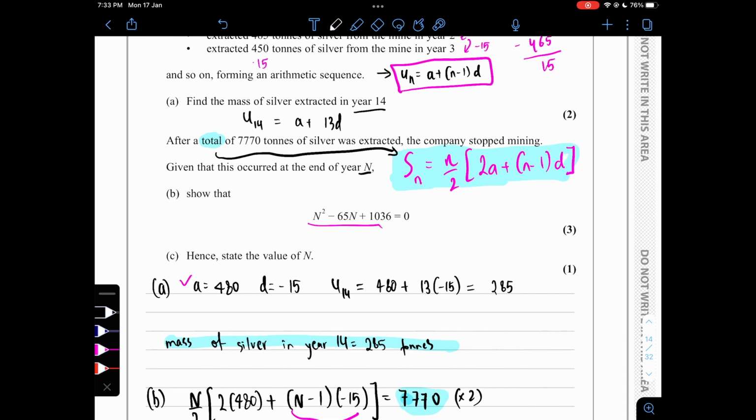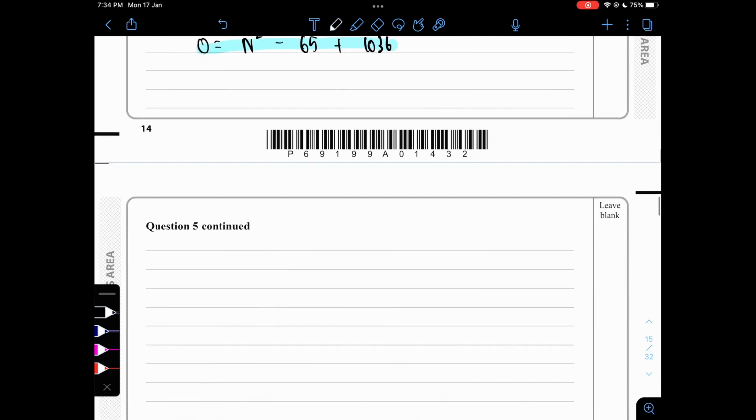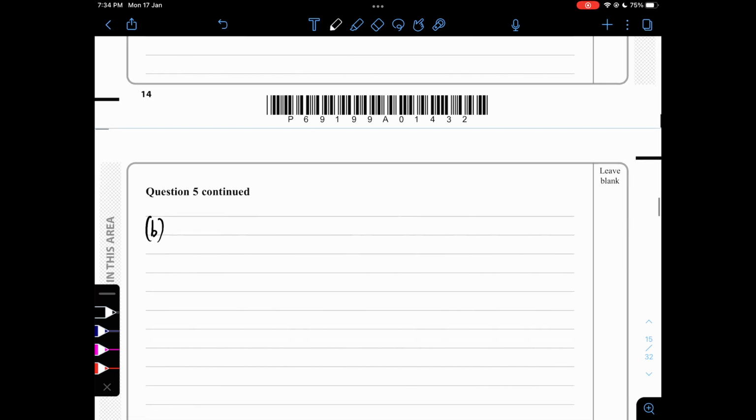Okay, hence state the value of n. So we just have to factorize this. What I usually do is remember that I can either use the quadratic formula, or I can just use the calculator and then work backwards.